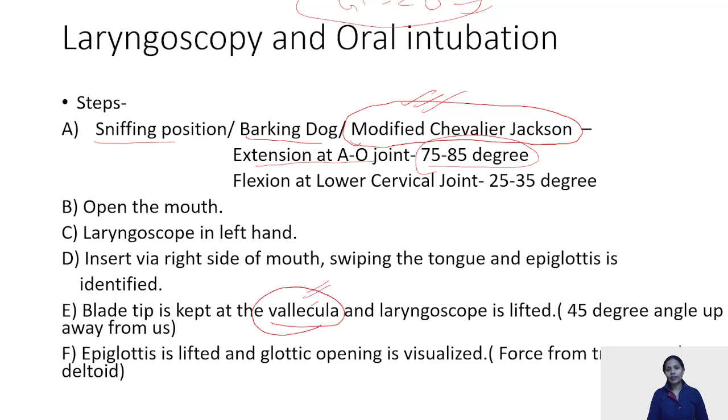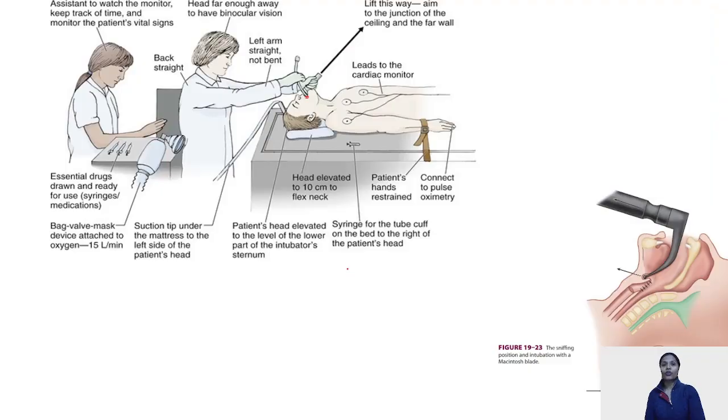This is a question. The tip of the blade is kept at the vallecula, and as soon as you see the epiglottis, it is lifted. And what is the direction of your force? The direction of your force is upwards, like this. It is away from you towards the ceiling, at an angle of 45 degrees.